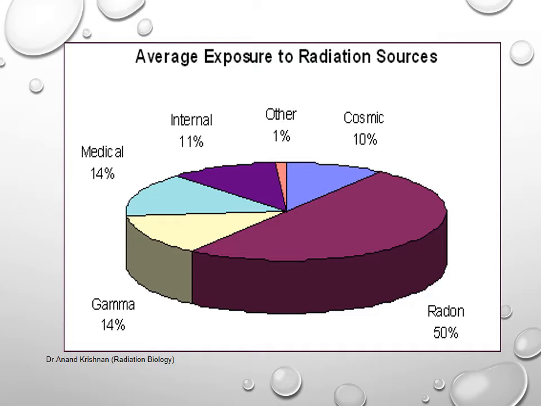So a low energy photon, which does not help us form the image, or which does not pass through the tissue and exit the patient, is absorbed into the tissue, and this causes a certain amount of chemical changes within the cell that results in biological damage.